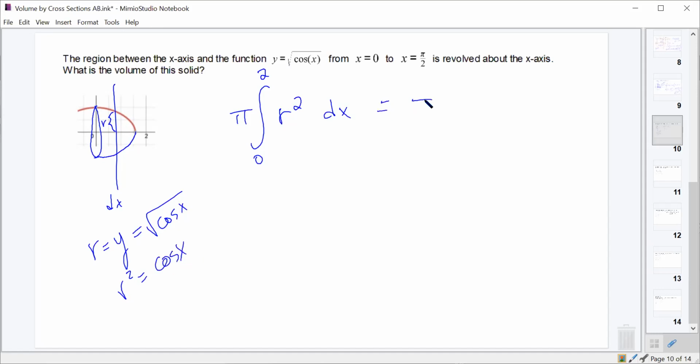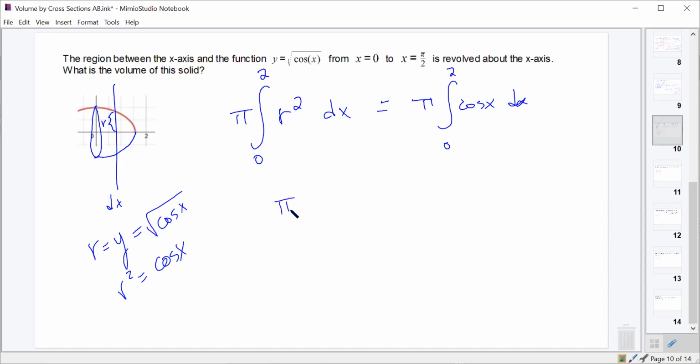So this becomes pi times an integral from 0 to 2 of cosine x dx. And that should be a formula to give me the volume of this irregularly shaped three-dimensional solid. It should be the exact volume, because I'm summing together an infinite number of these little slices and finding the volume of each one.